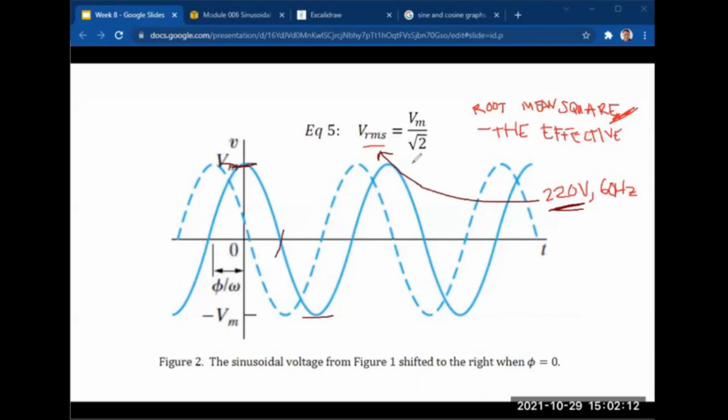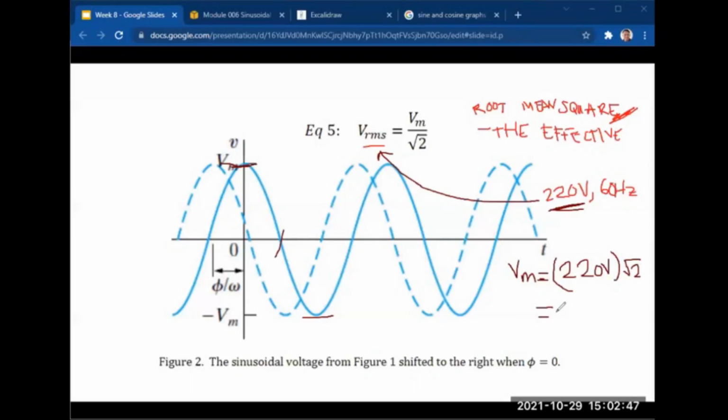So the ratio of maximum voltage to root mean square is square root of 2. In the case of our 220 volts, the maximum voltage of our AC household power here in the Philippines is 220 volts, the RMS, times square root of 2. Let's solve it together using our calculators.